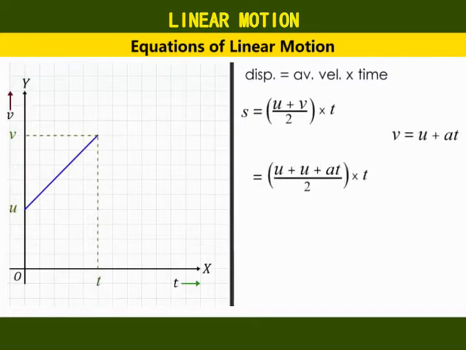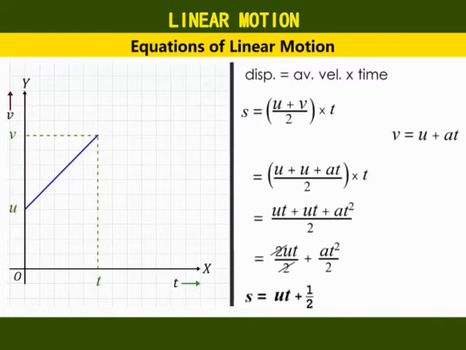Opening the brackets, we have (2ut + at²)/2. We can break this into two parts, so that we have 2ut/2 + at²/2. The 2s cancel out, and we shall have s = ut + ½at². This is the second equation.